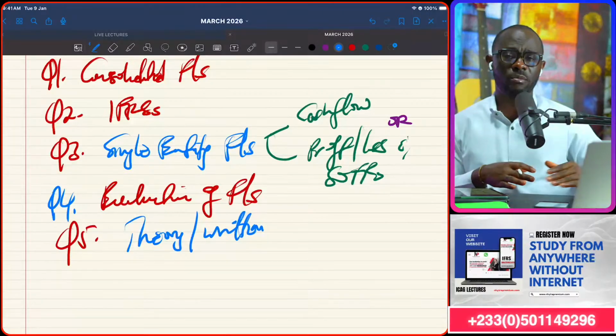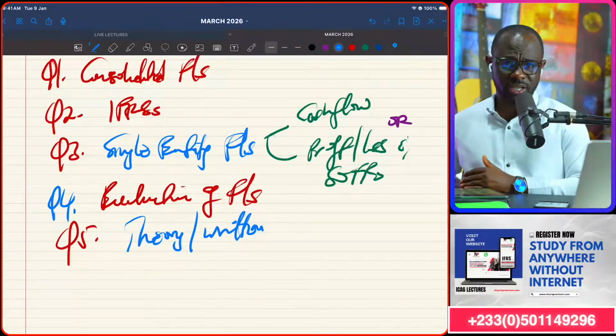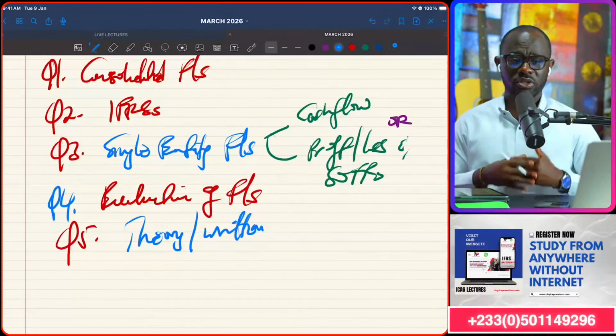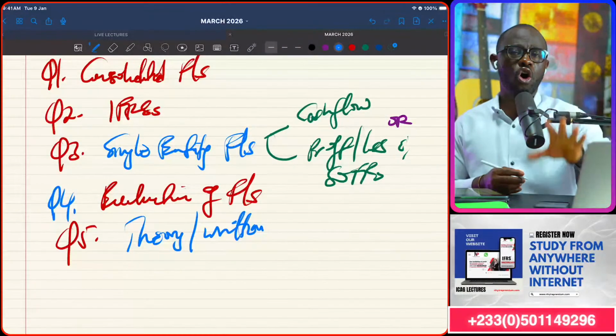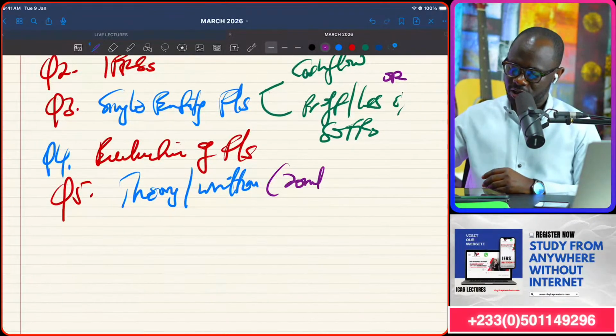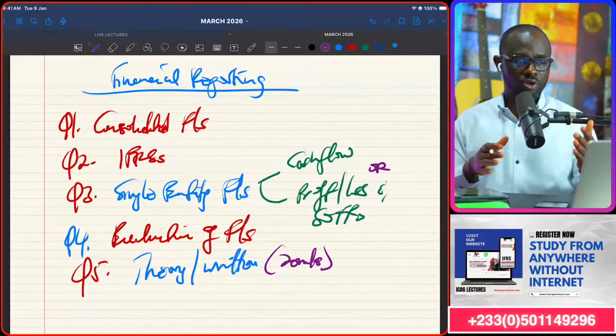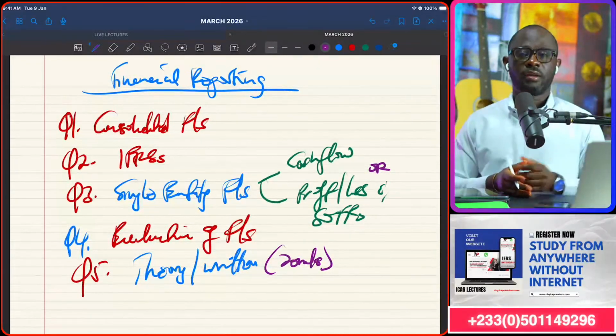This is where we are talking about ethics, integrated reporting, IT, corporate governance. Yes, in financial reporting, we have corporate governance. So all the theory areas will be in question 5, and that is 20 marks. So when it comes to financial reporting also, this is what we have here.